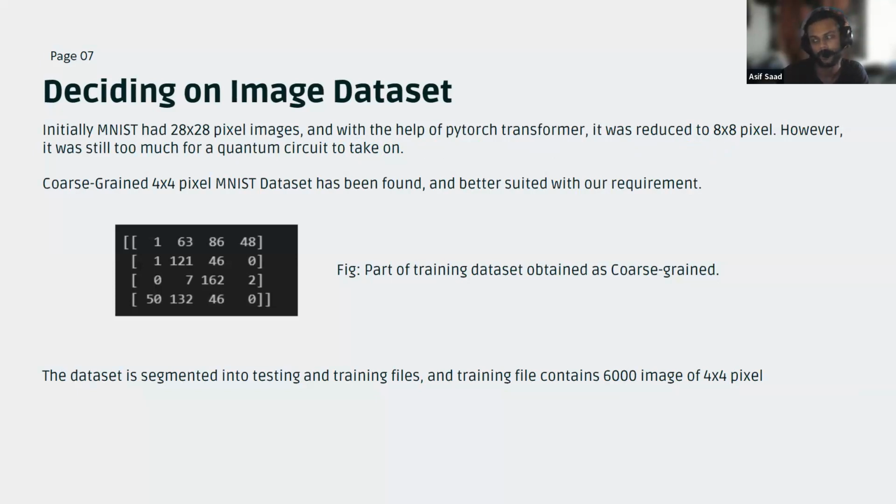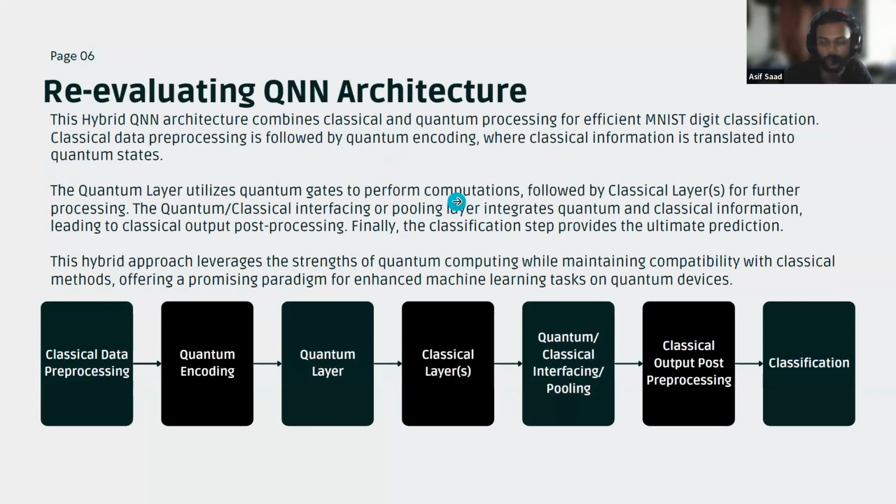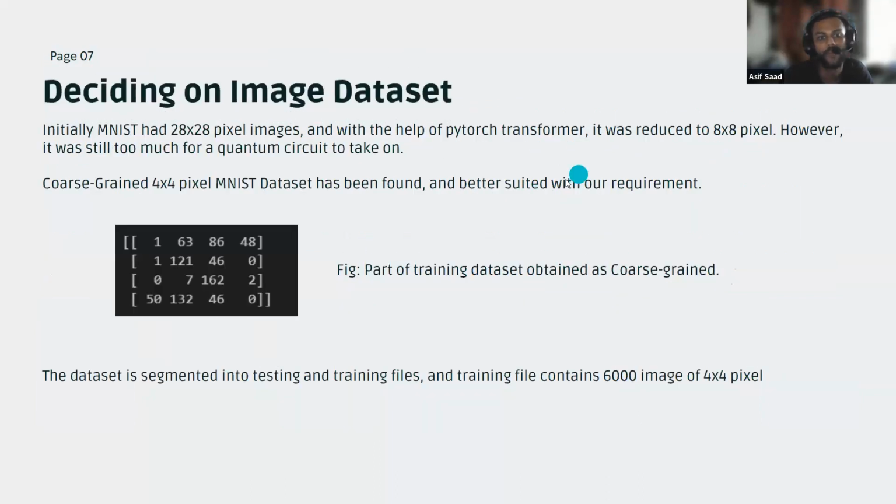In the previous form, we had this 8 by 8 pixel image, but it was not possible to work with a quantum neural network. So we had to backtrack and rebuild our whole quantum neural architecture. Now we have generated a transformer method that can reduce our image to 4 by 4 pixels.